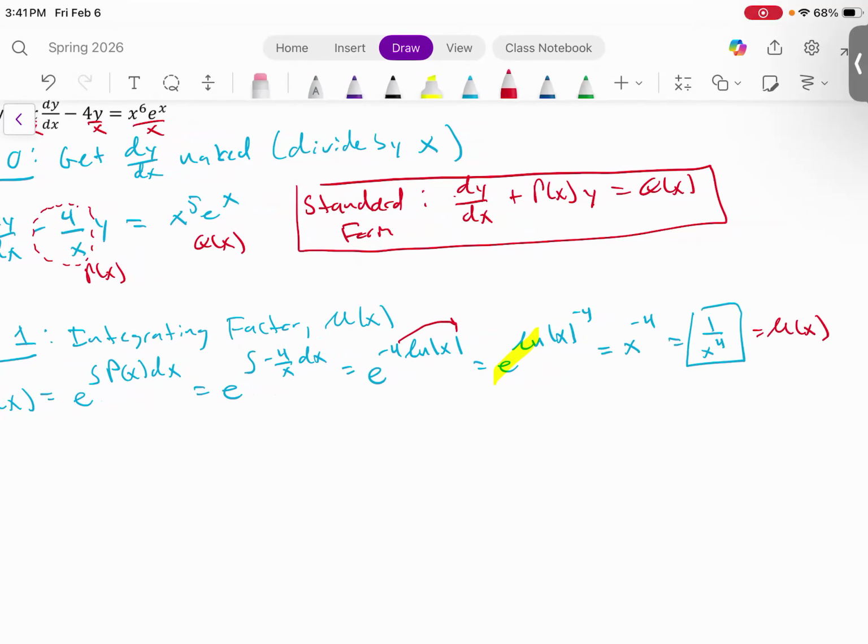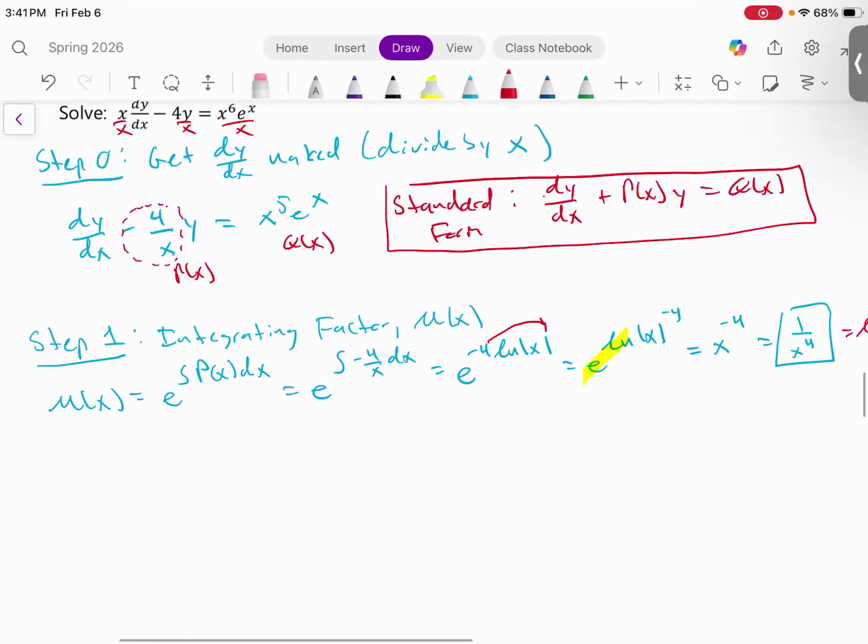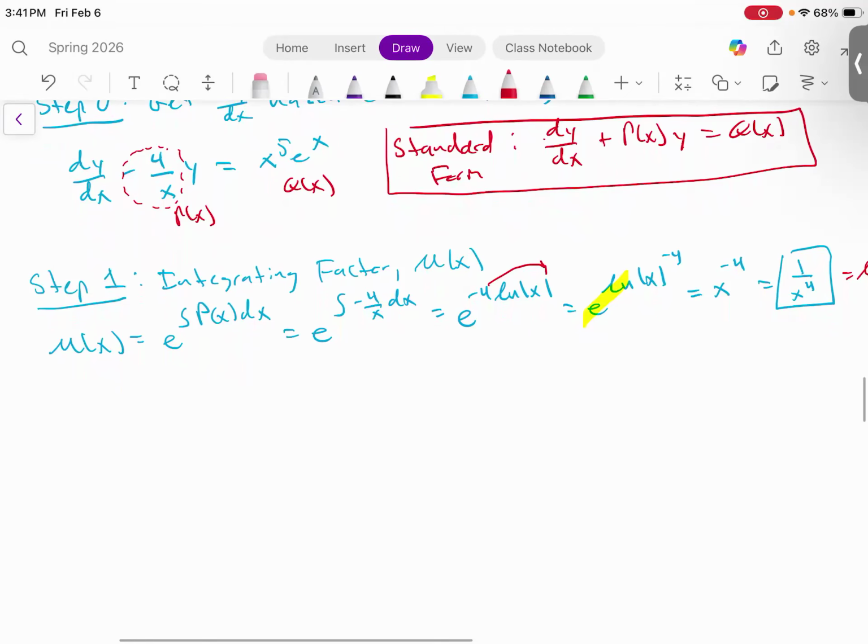So once we get our integrating factor, we're going to take it and multiply it to both sides of the differential equation. So step 2, multiply mu to both sides of the differential equation.